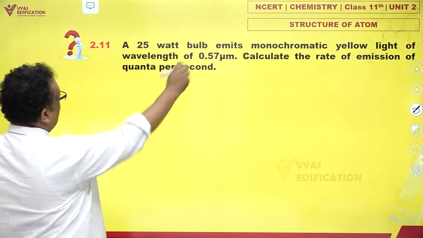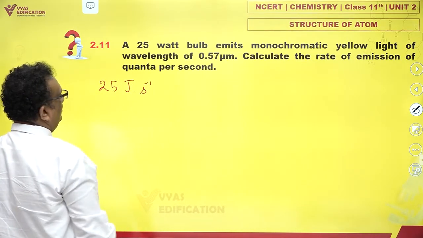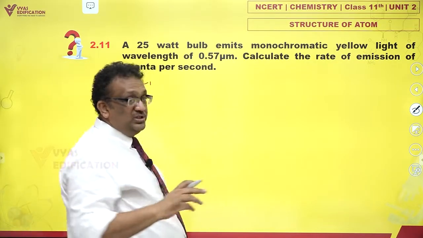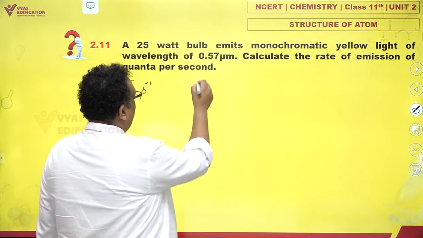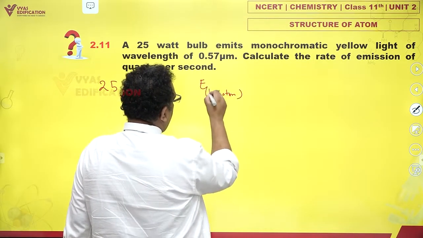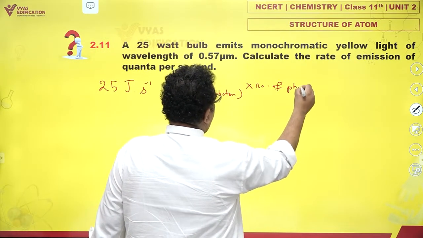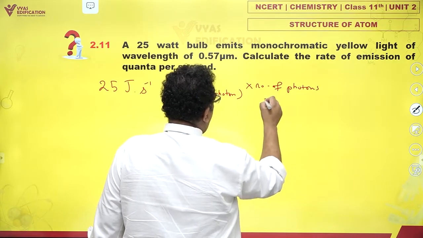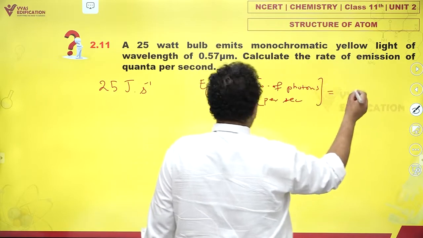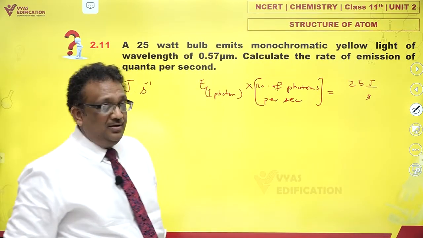Now, 25 watts means 25 joules per second. So 25 joules is the total energy. That means the energy of one photon multiplied by the number of photons per second will give me 25 joules per second, right?